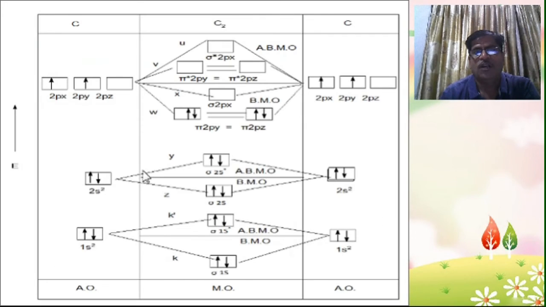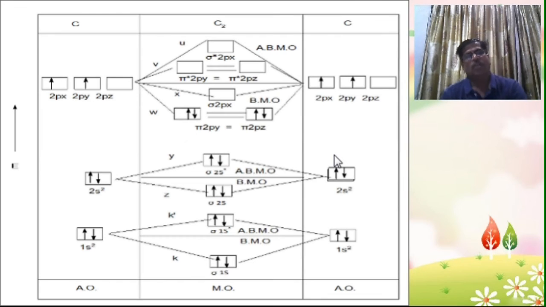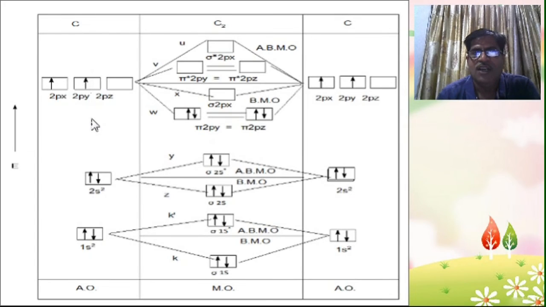So let's see how to draw the MO diagram of the C2 molecule. In the valence shell of one carbon atom there are 6 electrons: 1s2, 2s2 and 2p2, meaning 1 electron in 2px and 1 electron in 2py.